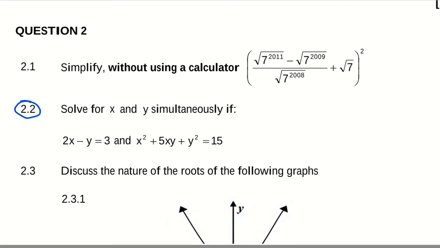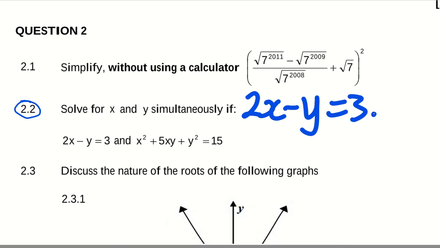So yeah, let's look at simultaneous equations, where they say we need to solve for x and y simultaneously. Let me write the equations. 2x minus y is equal to 3, meaning that this is going to be our first equation, equation 1.